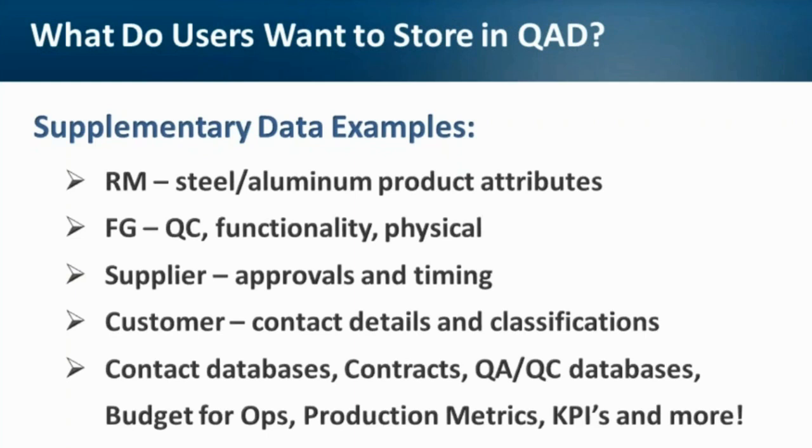And what kind of information are we talking about? The answer ranges from just a couple of extra fields in the item master, a good example being additional attributes for material or finished product attributes, all the way up to much larger data sets such as sales contracts, contact databases, business-specific quality assurance and quality control databases, or anything else in between.